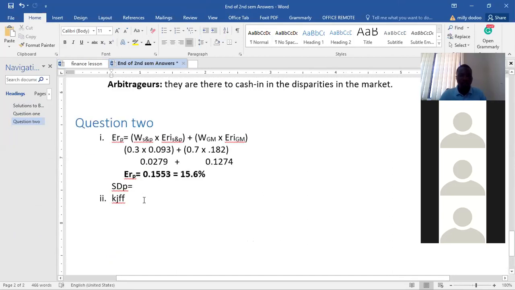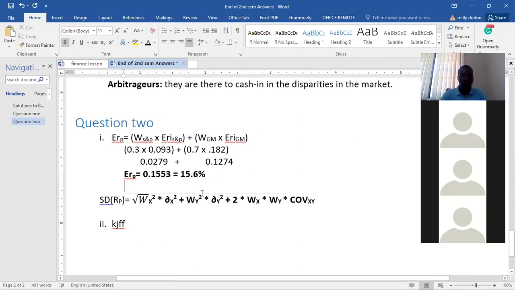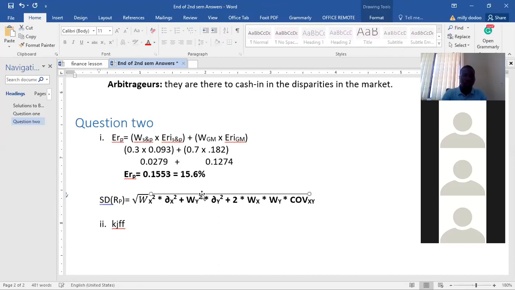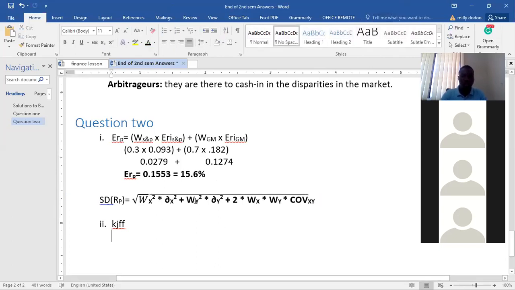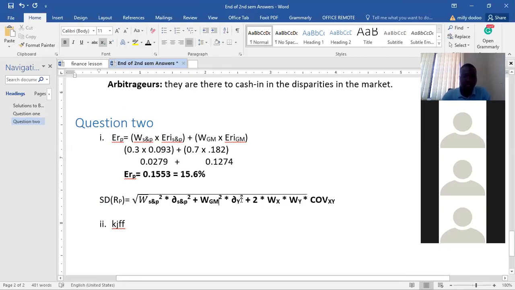We know the portfolio standard deviation to be the weight of S&P multiplied by the standard deviation of S&P, plus the weight of the Ghana Market Index multiplied by the standard deviation of the Ghana Market Index, all squared.